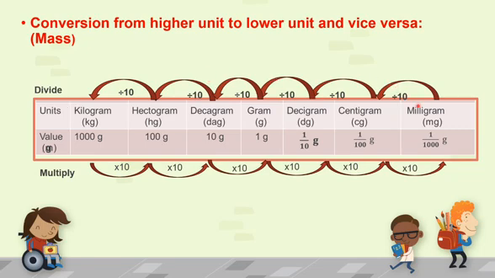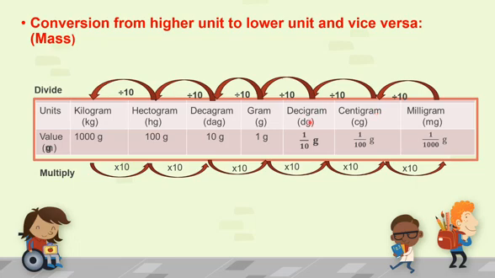LHD. Lower unit to higher unit we go, we divide, and we divide by 10. Not any unit will divide it by 10 only. The relationship we will see is how many places you are jumping from milligram to decigram. So how many steps you're jumping? 1, 2 steps.